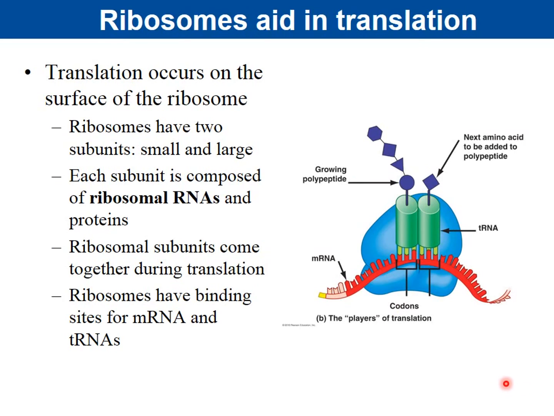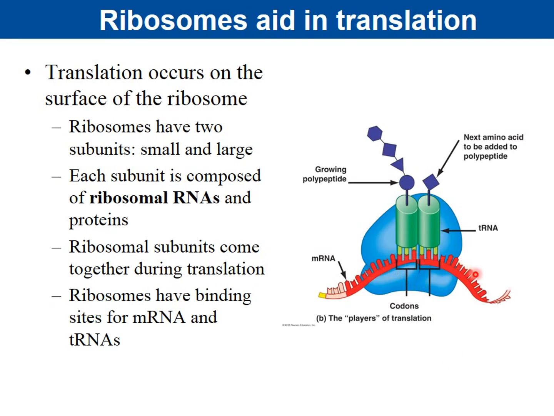The nucleolus is responsible for assembling the large subunit, and it's also responsible for assembling the small subunit, but it doesn't put them together until translation. The large and small subunits will come together in the cytoplasm. An important feature of the ribosome is that it has binding sites for both mRNA and tRNA.